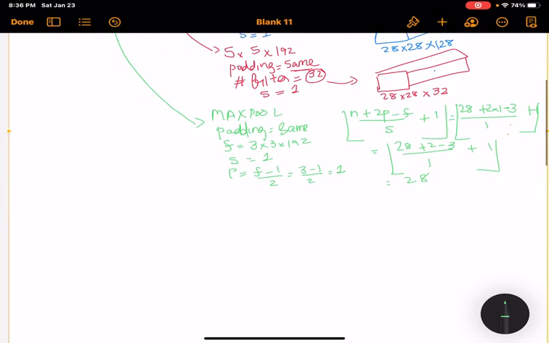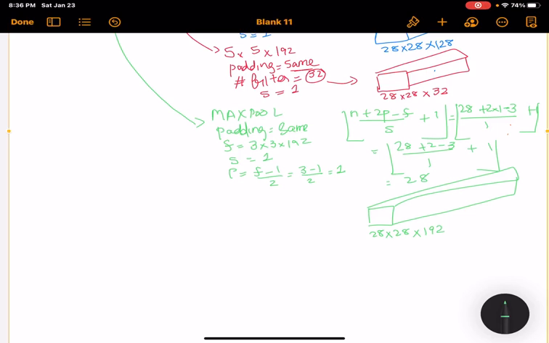That means I get a resultant of again 28 cross 28, and my channel will be the same as the size of my input. In the case of pooling operation, the channel of my output would be the same as the channel of my input, which is 192.